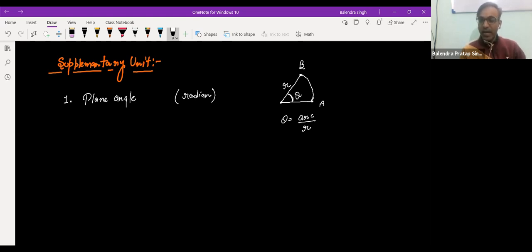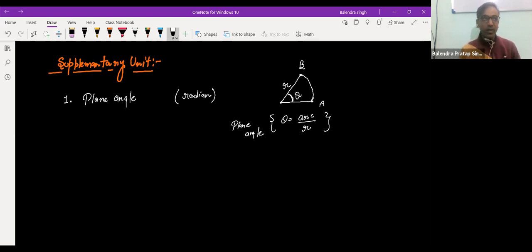We call this theta the plane angle, and the unit of this plane angle is radian.